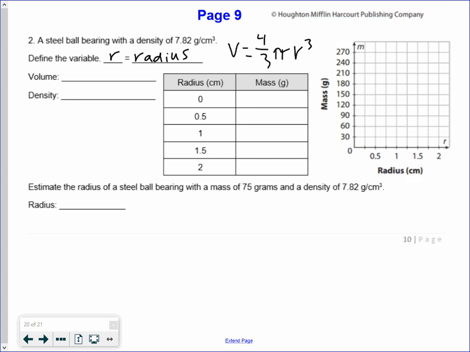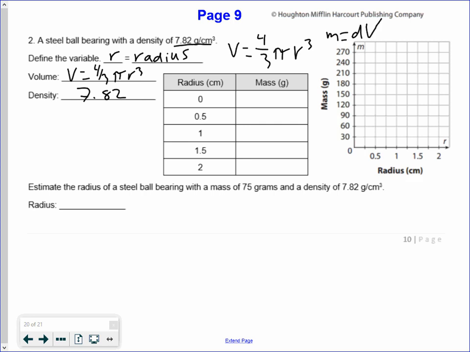All right. So my volume, I just said, is 4 over 3 pi r cubed. And my density is a constant of 7.82. So I have my volume, I have my density, and remember, mass is going to equal density times volume.